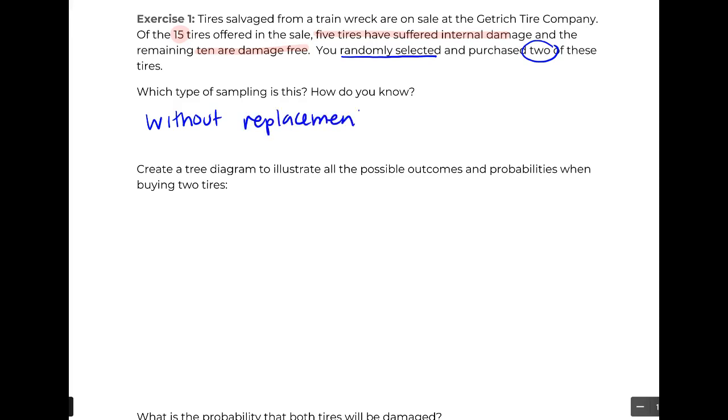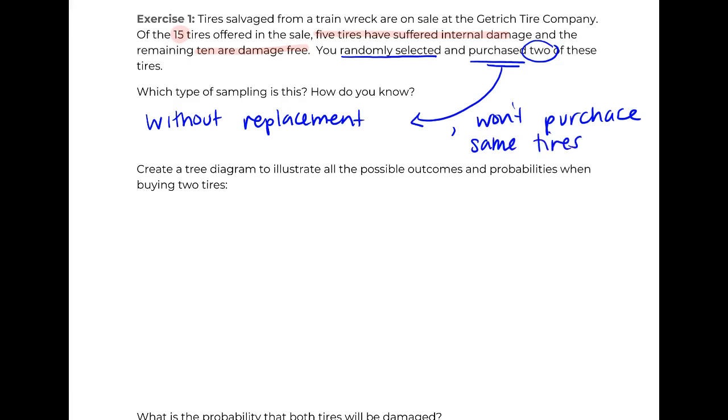If I'm purchasing 2 tires, I can't purchase the same tire twice. When I purchase 1 tire, it's basically going in my car, and then I'm taking it home. So we can't have this issue with replacement.